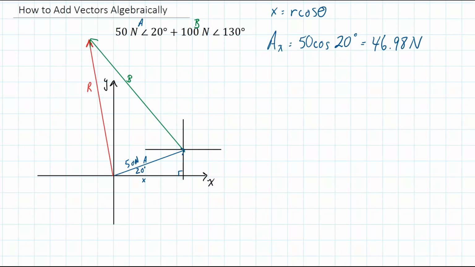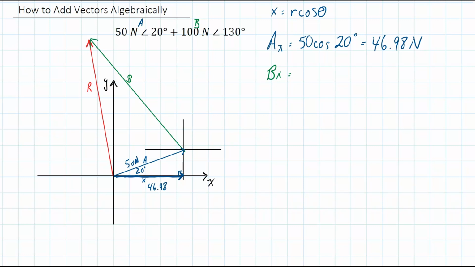Let's now work on the x component of the B vector. We'll do that one in green. This will be B sub x. My x vector for A went here and stops there. If we look at that, that is 46.98.